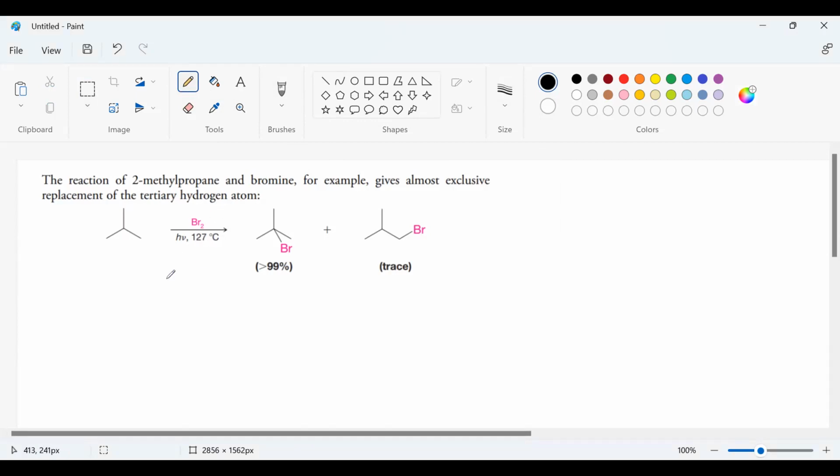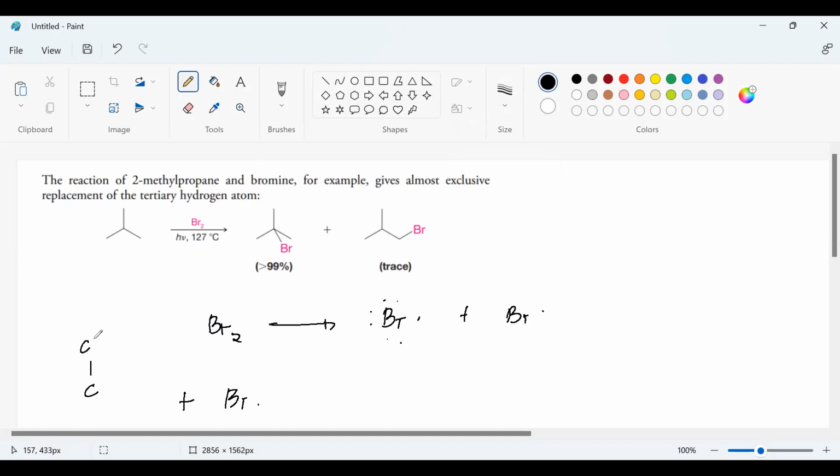So here, if you go back again to the mechanism of the halogenation reactions, remember that the first step is the dissociation to form your Br dot, no? 2 moles of your Br dot. Of course, you have unshared electrons. Once you have your Br dot, it will react with your alkane.